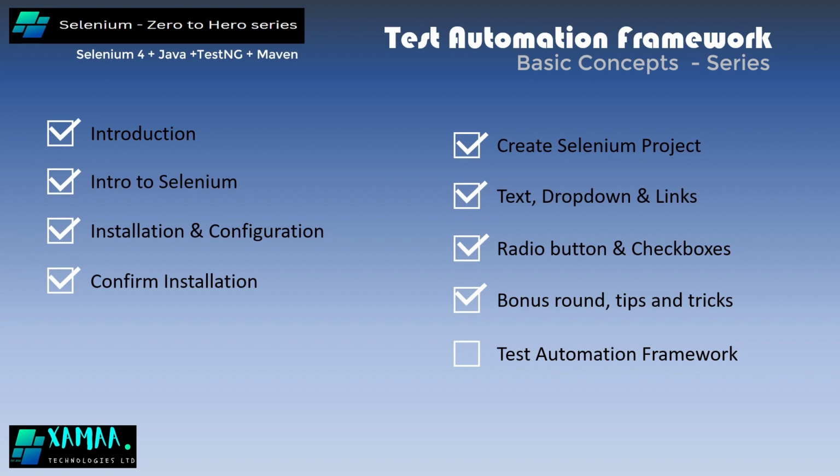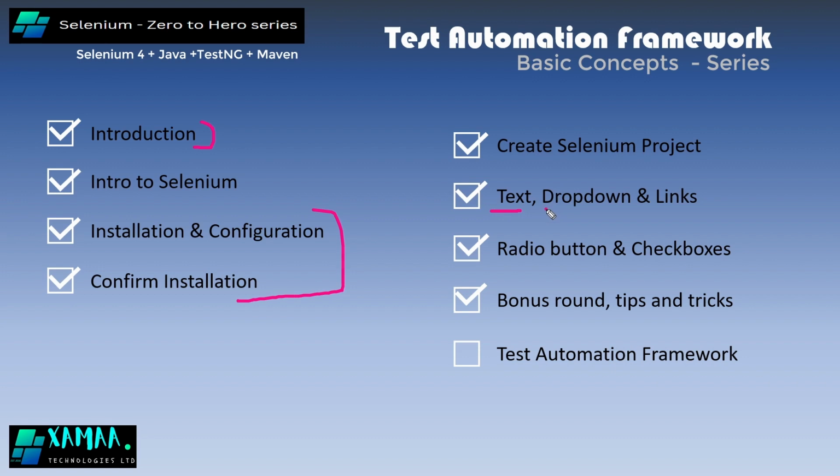First 7 modules were designed to set the foundation with basic concepts, utilizing Selenium WebDriver to interact with web applications. We set up our project, got the introduction, configured the dependencies, and then we started handling text fields.